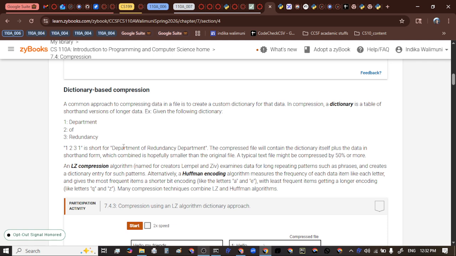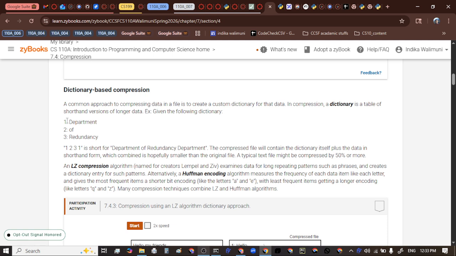So what's a dictionary? Something that holds the definitions of words. In a dictionary, we use the word and then the bigger description, right? It's the same idea here. We create a dictionary using the words we have. Let's say in a text file, we pick words from that text file and create a dictionary.